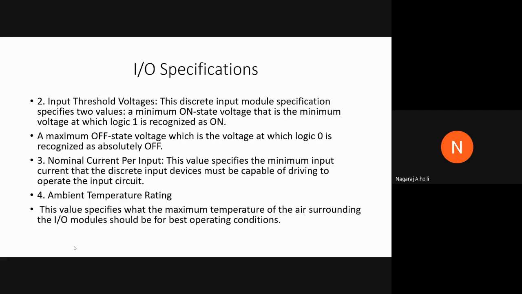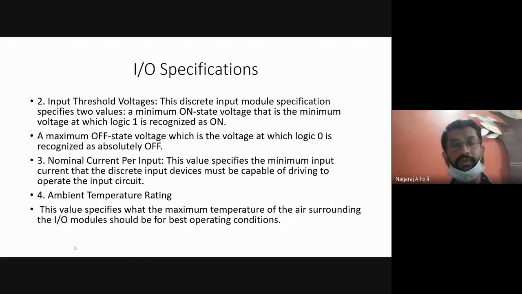The input devices are the field devices. How much current are they able to sense and send to the input circuit? The minimum current, that is called the nominal current per input.